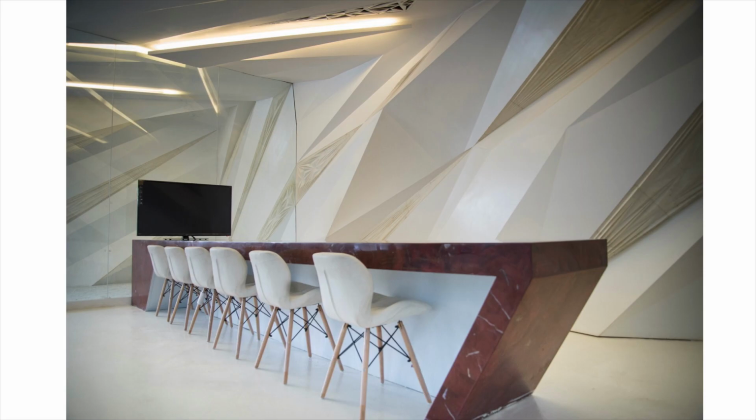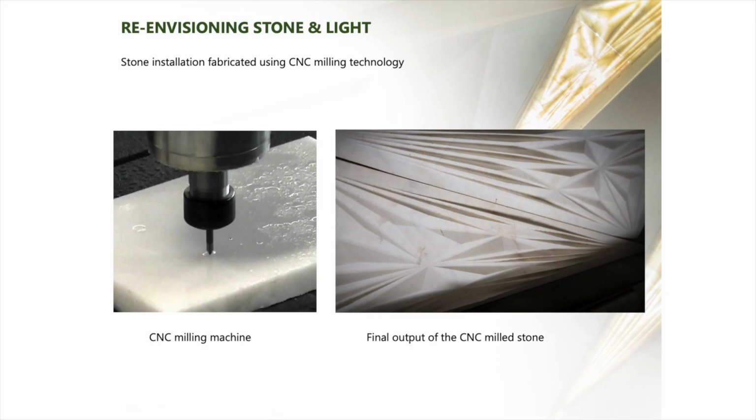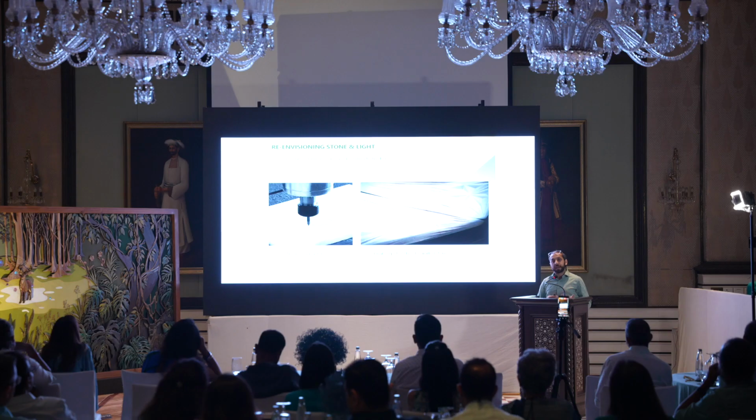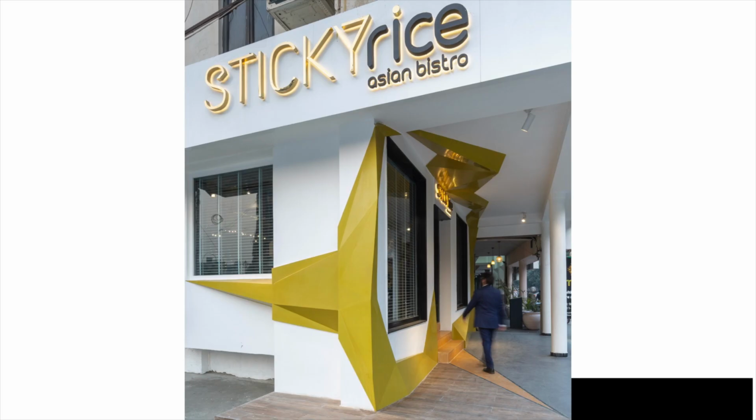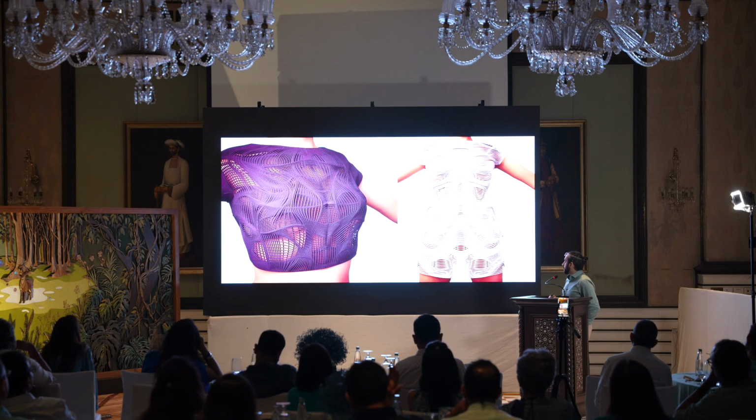This is what the space looked like. And the whole process, just to simplify, is how we use a CNC machine to mill it into these ridges and valleys, which create this kind of an idea. Same as we integrated on different restaurants and bars that we've done.